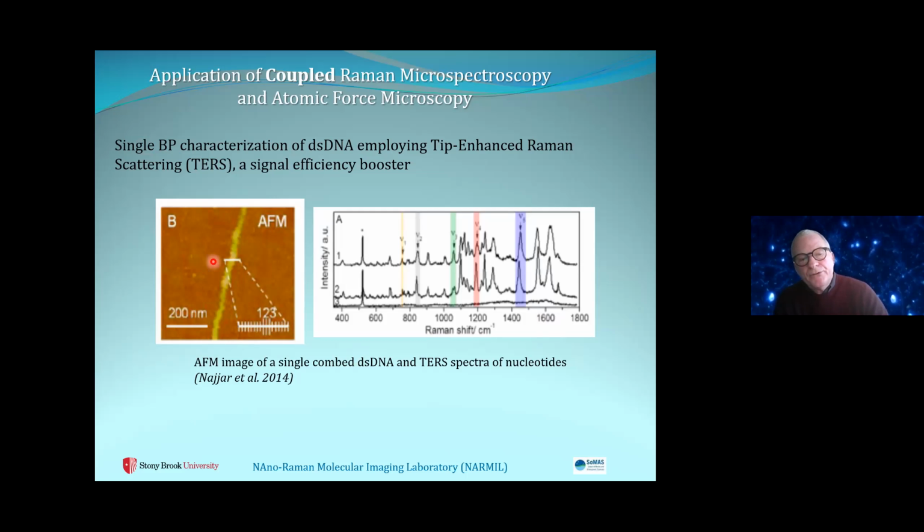The laser did a transect across the DNA molecule, and here are the spectra that were obtained that give us the signature of the base pairs that were in this portion of the DNA. So it's a very powerful, high-resolution technique, but it is very challenging. This is an enhancement technique called tip-enhanced Raman scattering. And again, that's kind of beyond the scope of what I want to talk about today.